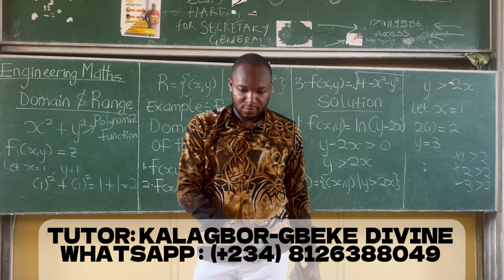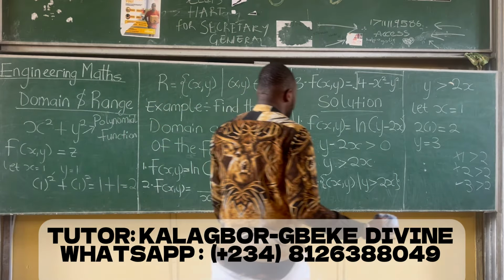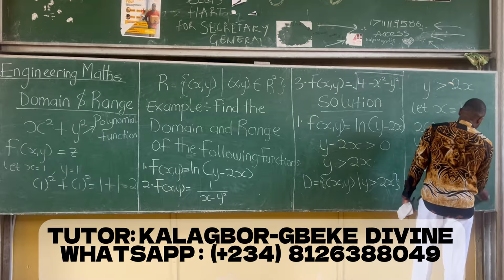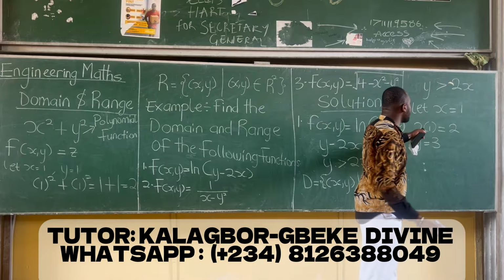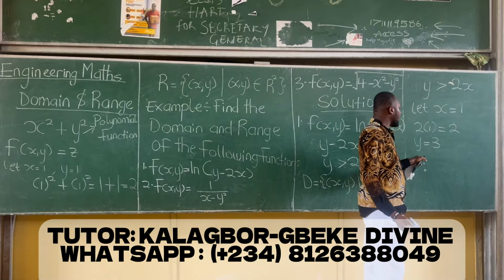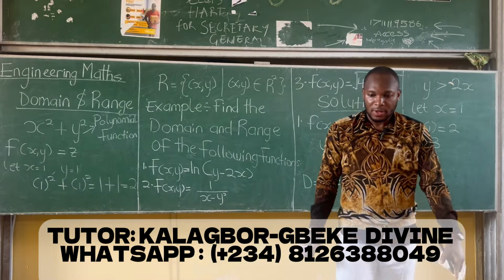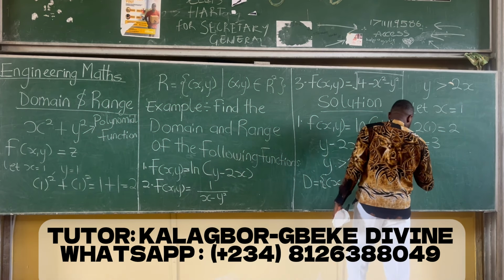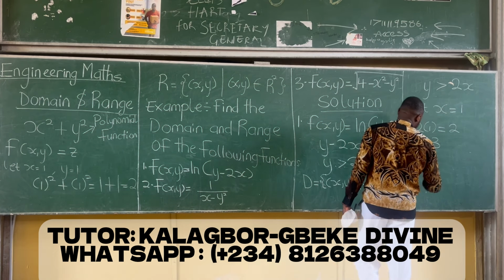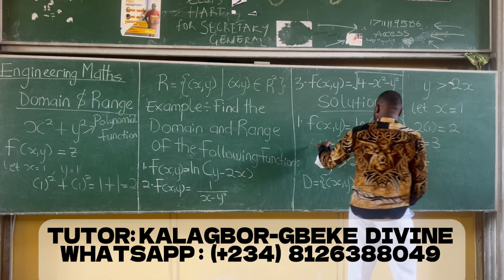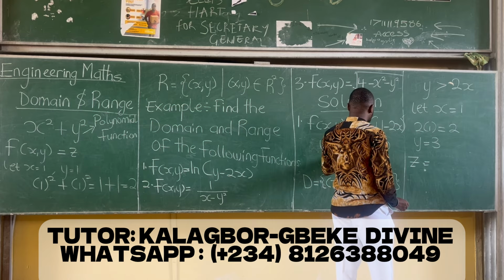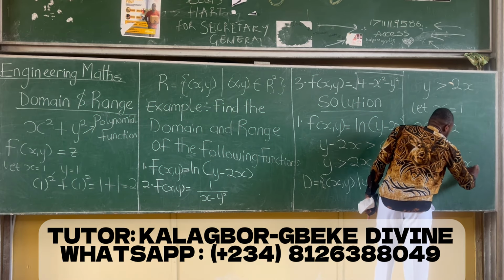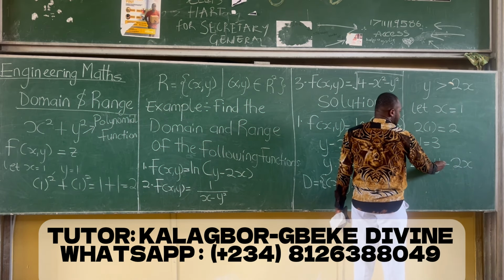So we have x as 1 and y as 3. So we can say that this function will now be y minus 2x. We know that y is equal to 3, right?